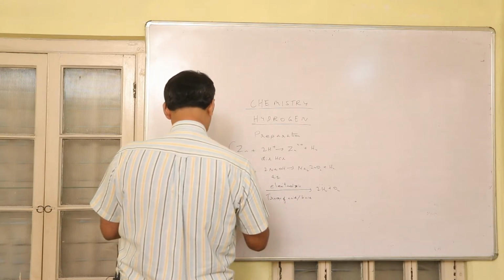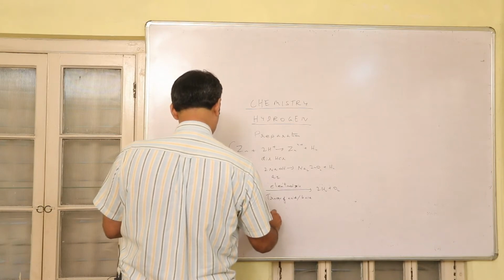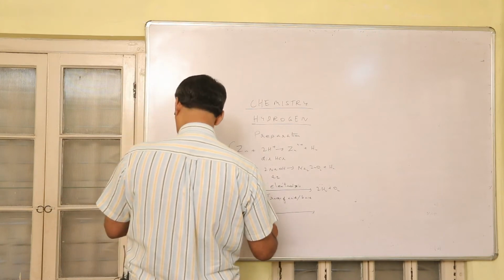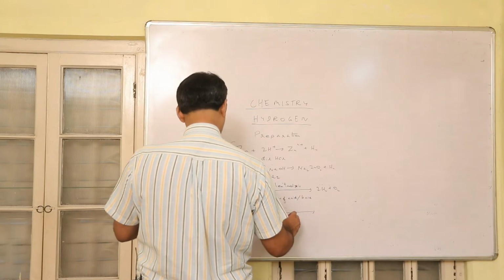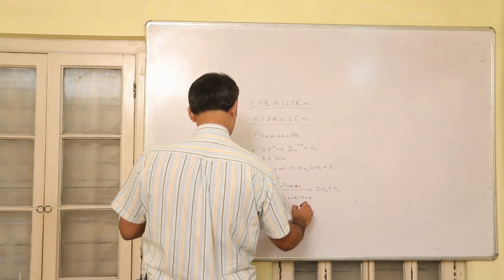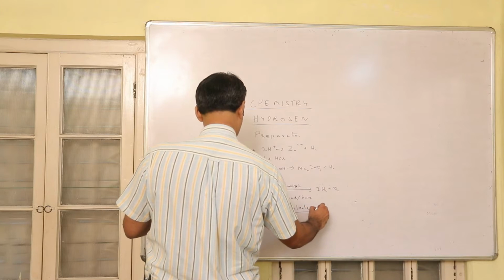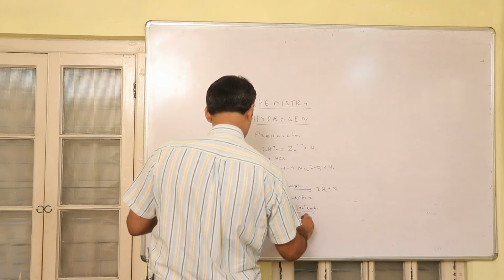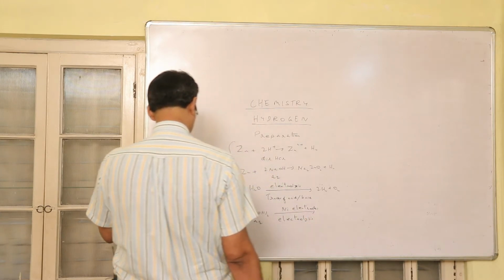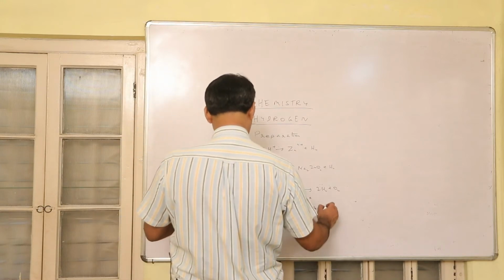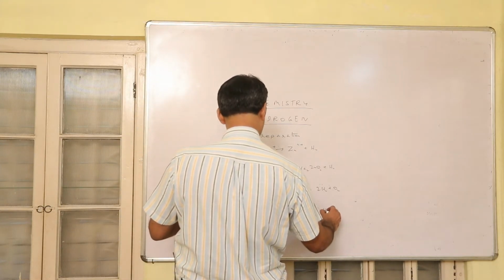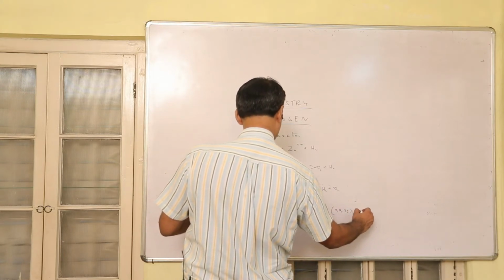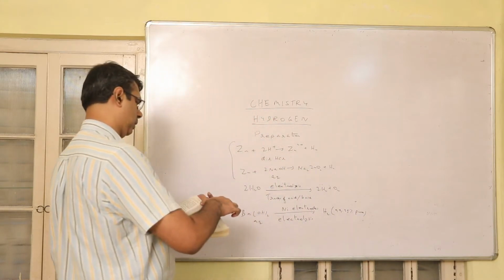Now, if you perform electrolysis of aqueous barium hydroxide using nickel electrodes, in that case you will get hydrogen which is 99.95% pure.